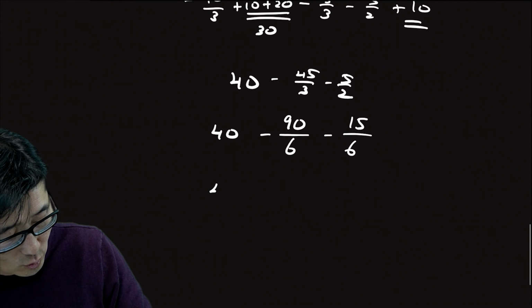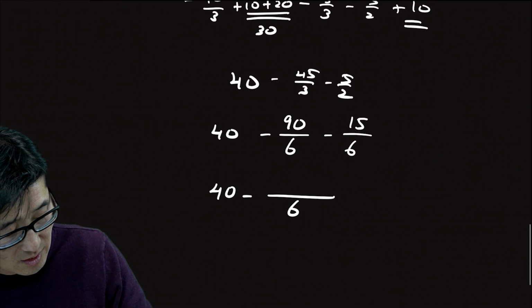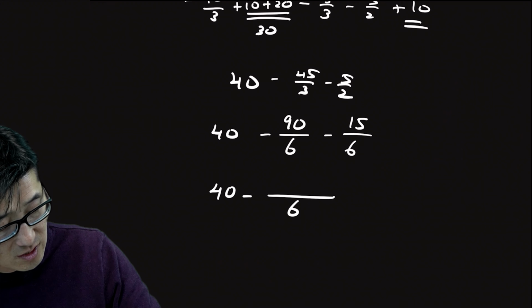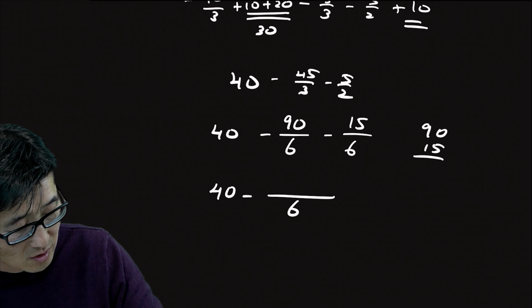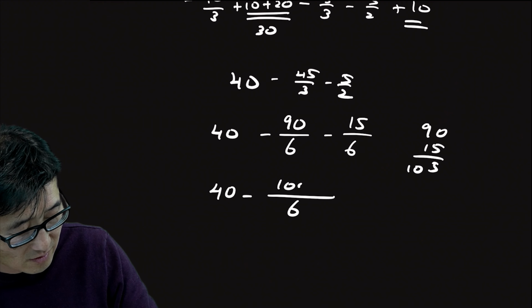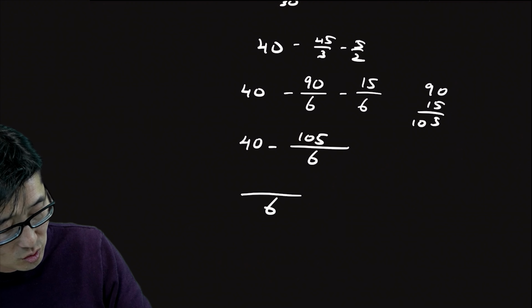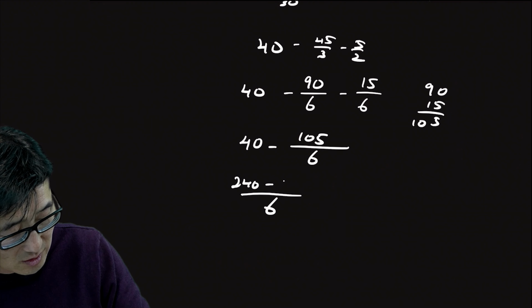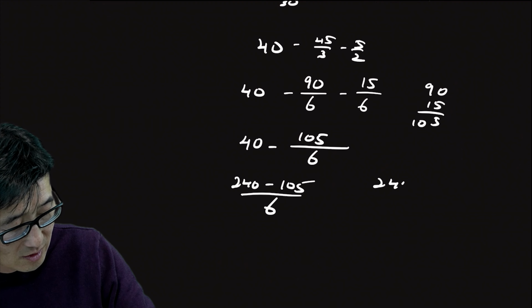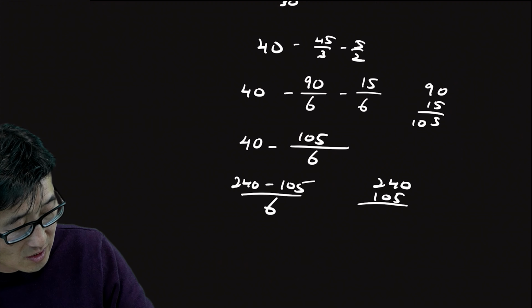And we have 40 minus 90 minus 15. That will be 105. And we have to get a common denominator here. So 240 minus 105.